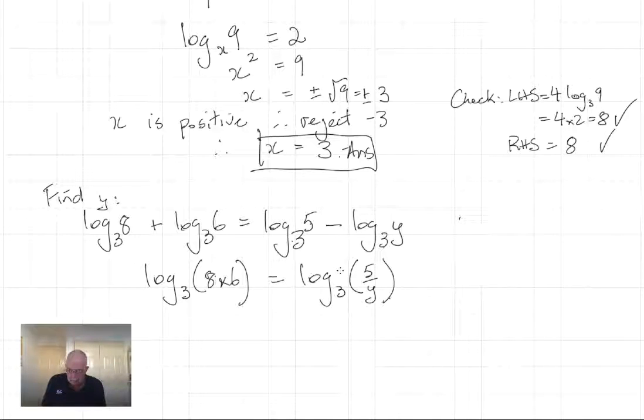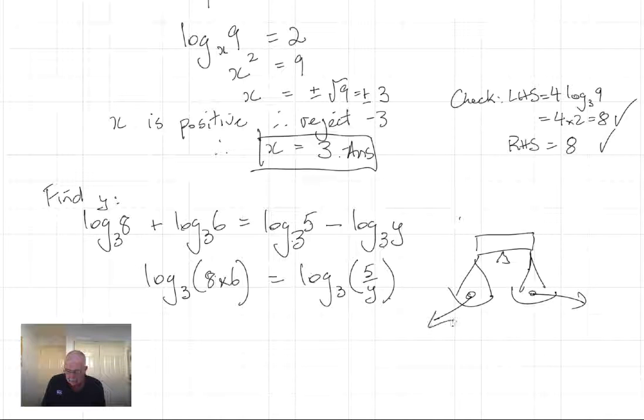Now, if you go back to the old set of scales with solving equations, we know that if we do something to this side, we must do exactly the same to that side. Here we're taking log to base 3 of both sides. So if we undo that, because these numbers are both log base 3 on both sides, we can equate the numbers.